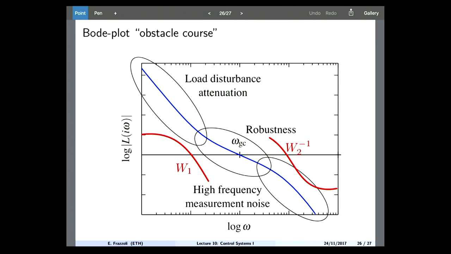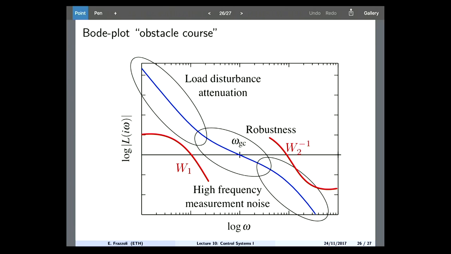So typically what you want to do is stay above this line, stay below this line, cross at a certain point, but cross it as shallow as you can, okay? Because if the slope is shallow, then your phase is not very negative, meaning that your phase margin is large.